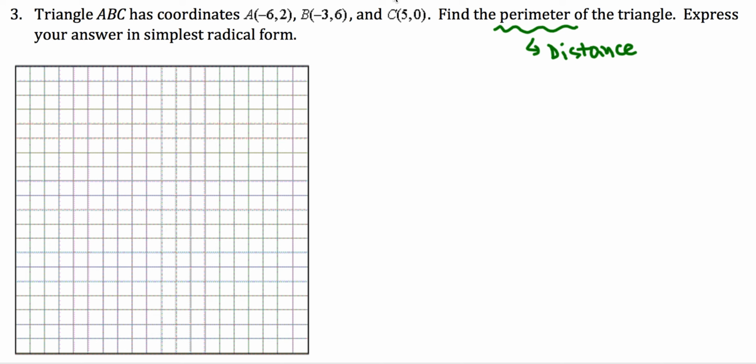So, once again, negative 6 comma 2, and that is point A. Point B is negative 3 comma 6.